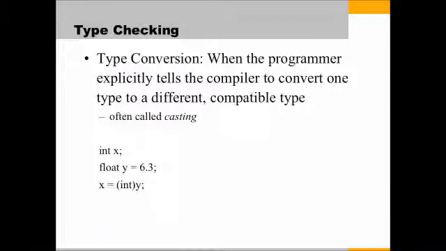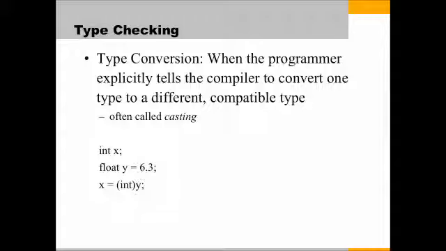Okay, so moving on, the last big topic we have to talk about is type checking. You'll remember we said that we often want to say that two compatible types can be used in the same context. And we want to be able to either let the programmer explicitly tell the compiler to convert one type to a different one, or allow the compiler to do it.